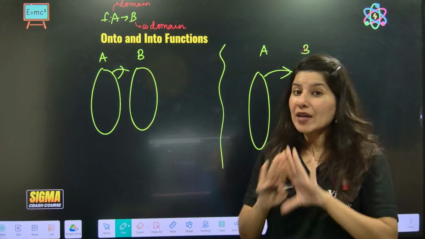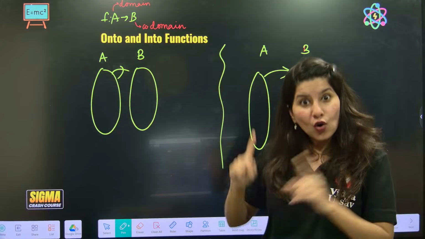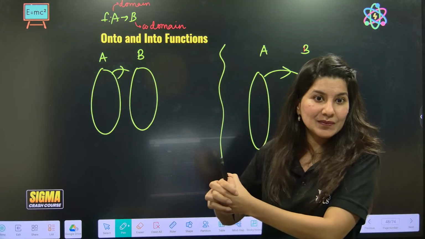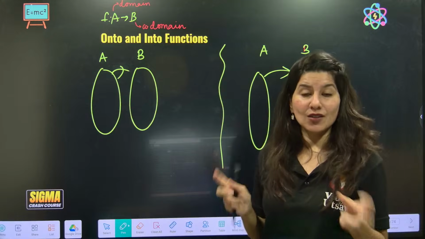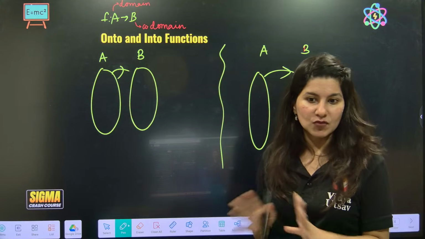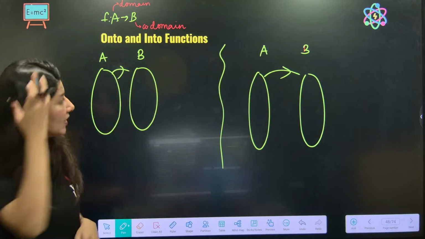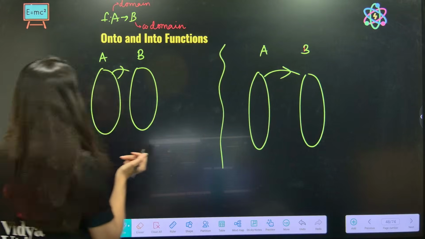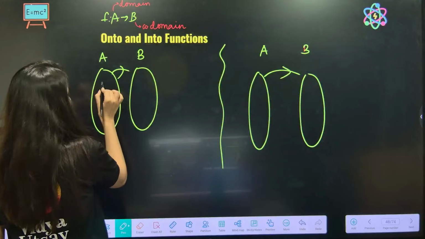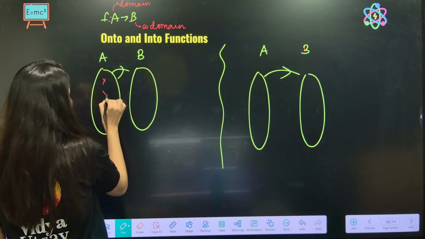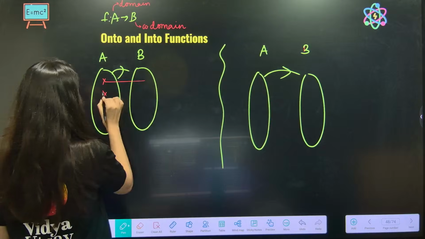Domain and codomain are very different. Codomain and range are from the same team. Domain and codomain look like they are from the same team, but they are not. Okay, so over here this is your mapping diagram.